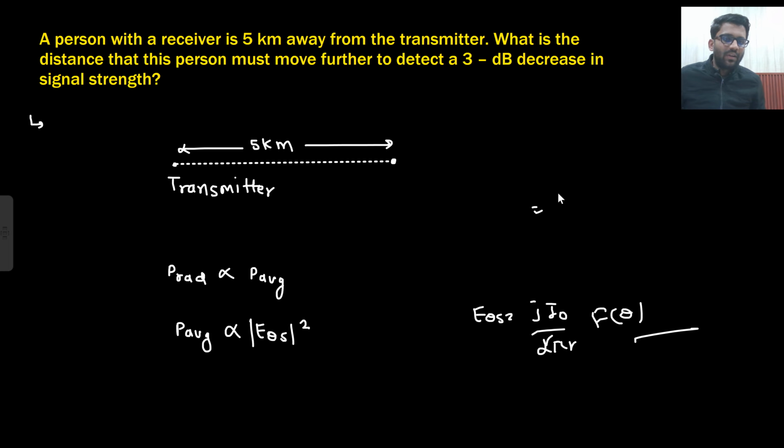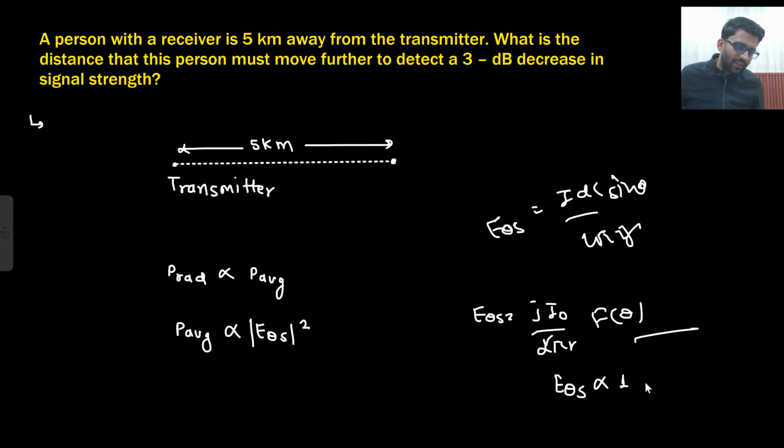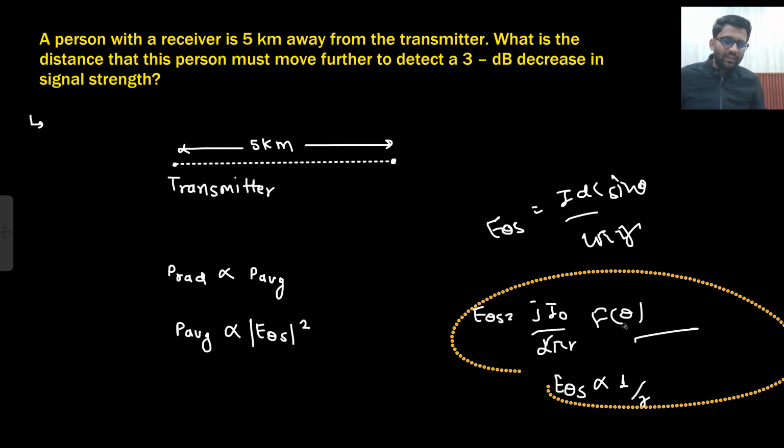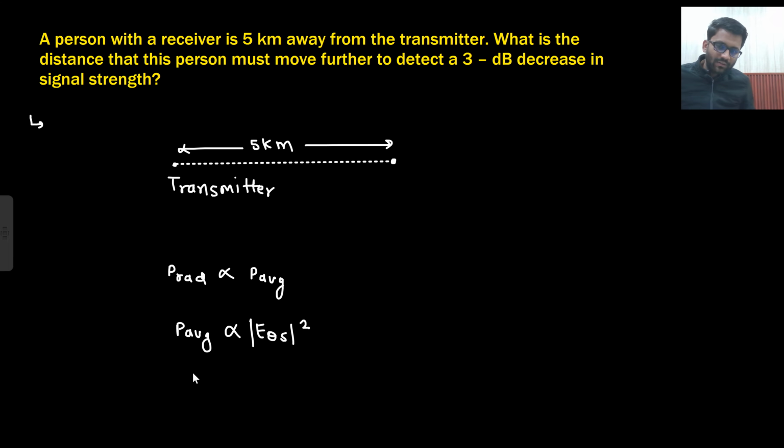What about for Hertzian dipole antenna? IDL sin theta upon 4 pi r. So from here what I can see is that my E theta s is proportional to 1 by r. So from here you will get to know that your P average is proportional to 1 by r square.